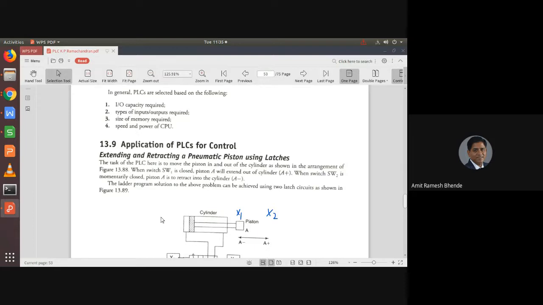We will treat each and every application of the PLC as a numerical, and these numericals will be solved by developing a ladder program. Okay. So the solution of this numerical would be the ladder programming. You have to develop the logic, and you have to draw the ladder programming for the given application.